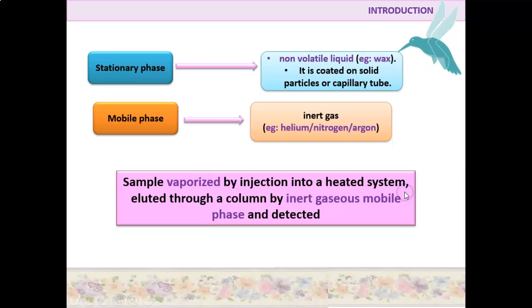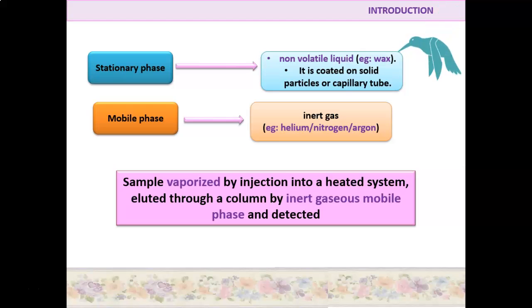Now we look at the stationary phase and the mobile phase of gas chromatography. The stationary phase, which is the phase that is fixed and not moved, is a non-volatile liquid. For example, we use a wax, and it is coated on solid particles or a capillary tube. For the mobile phase, the condition must be gases, where we use an inert gas, for example, helium, nitrogen, and argon.